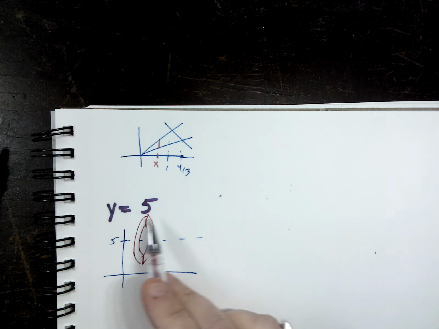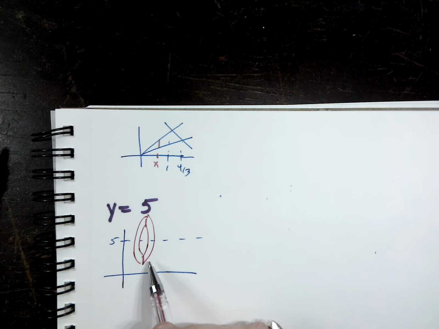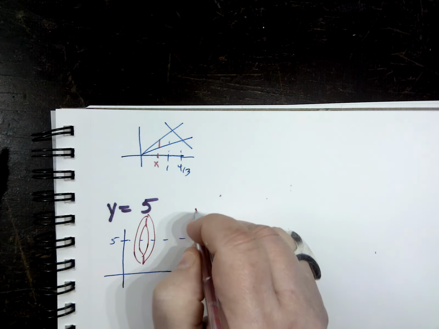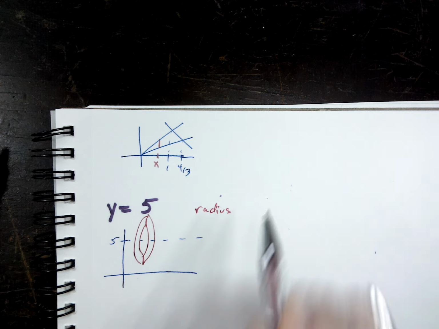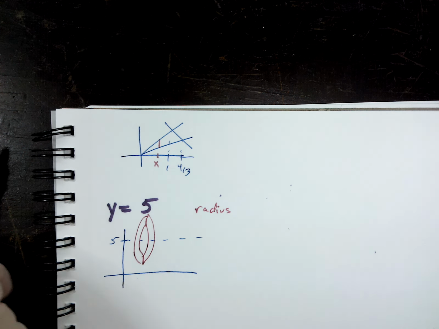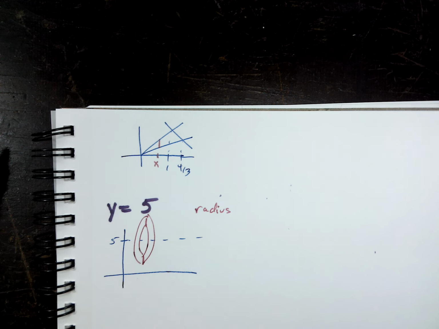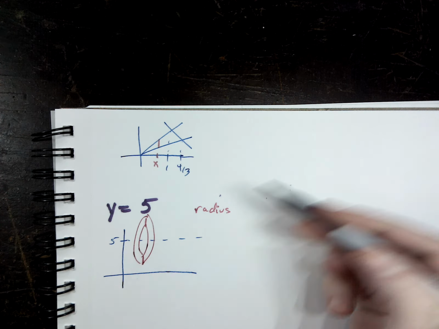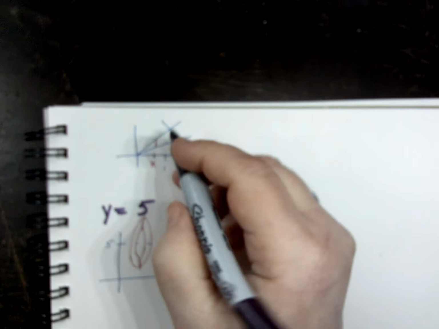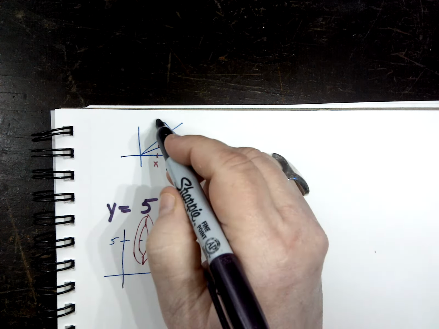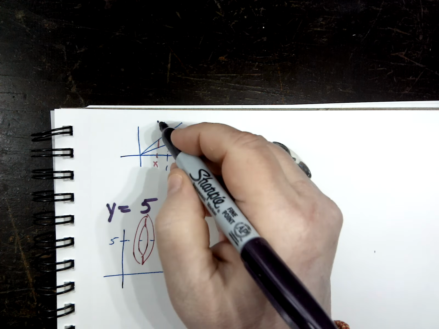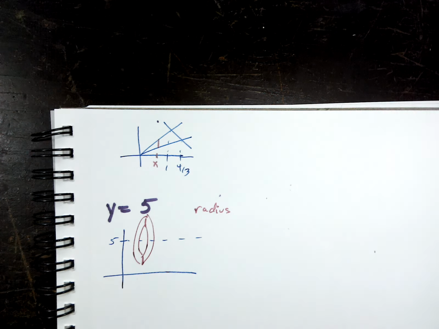So when I go around y equals 5, the radius is going to change. And the question is, which one is on the outside? Imagine I'm up here, then the outer one is the one furthest away from the axis.